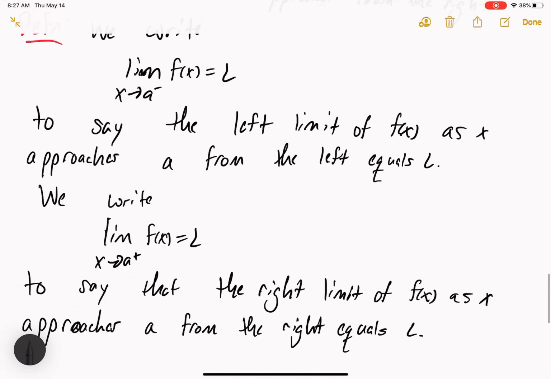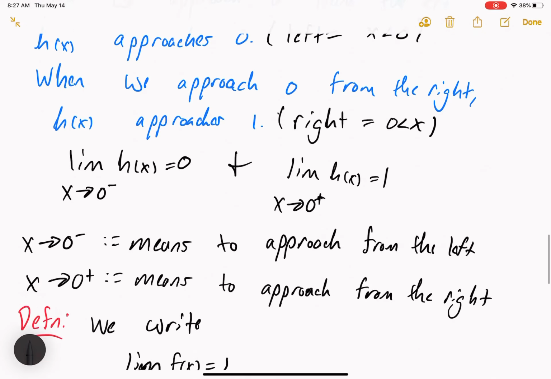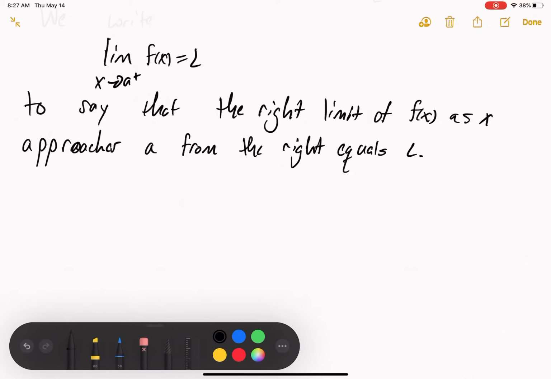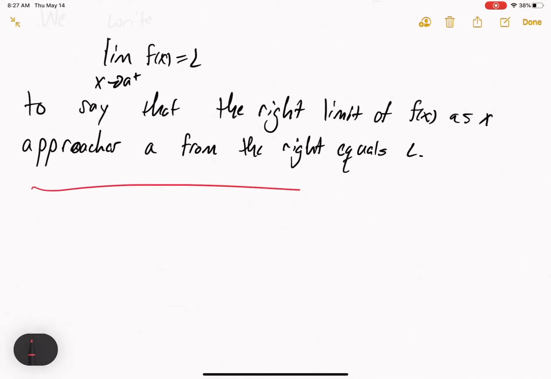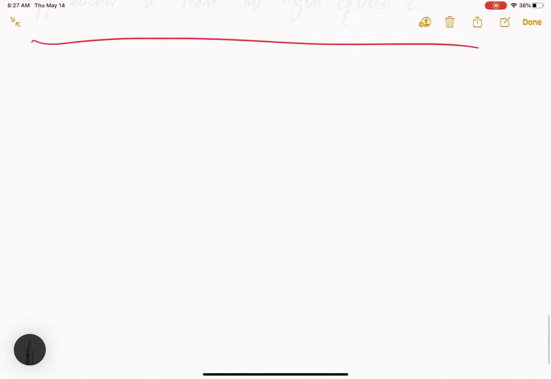So again, all these right here are just letters, kind of specific arbitrary things at the moment. So let's actually do a concrete example to investigate what we're talking about. So let's try to use a graph to determine some limits.